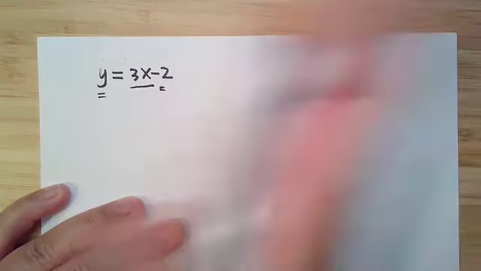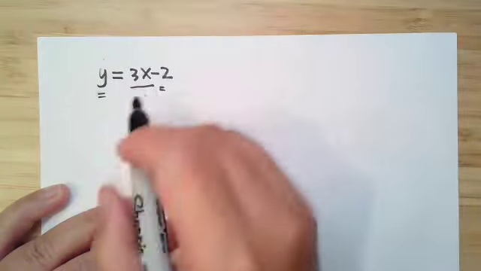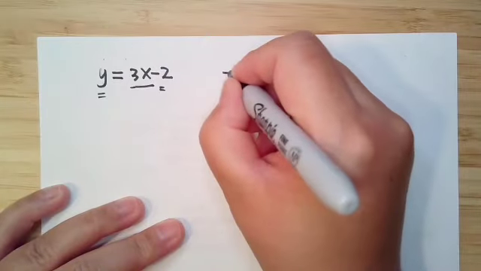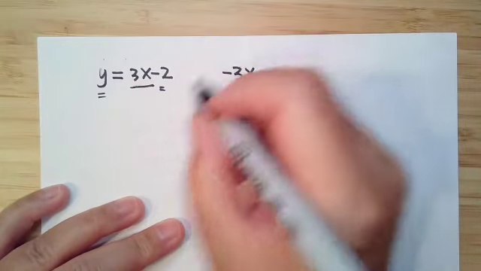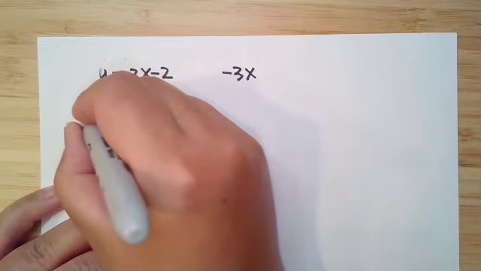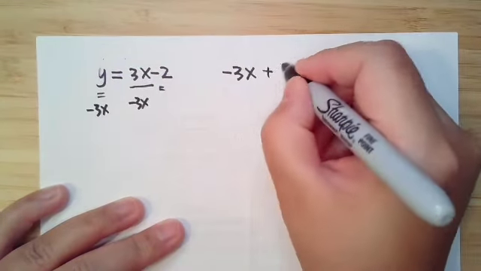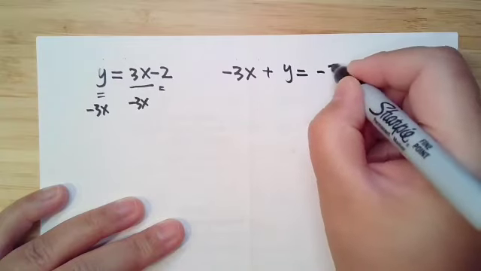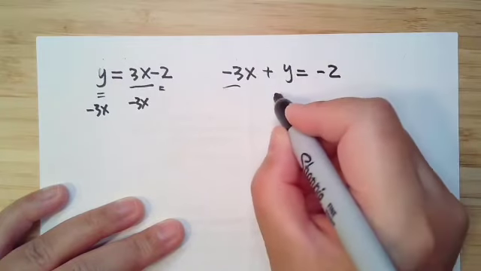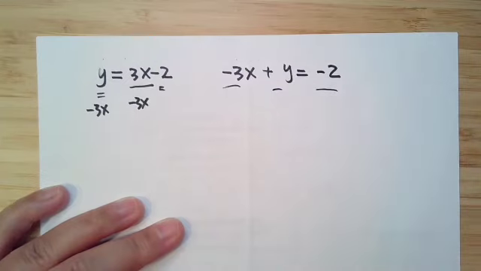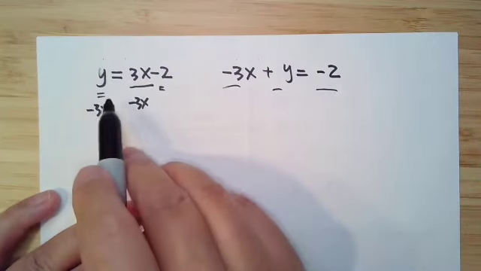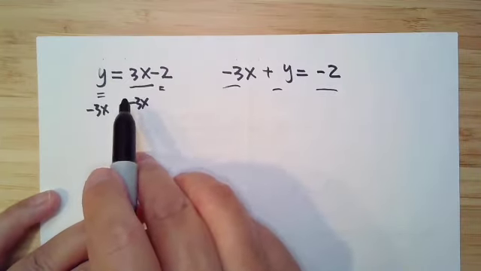You just need to subtract 3x on both sides. So we get negative 3x plus y equals negative 2. This is A, this is B, this is C. That's a standard form.